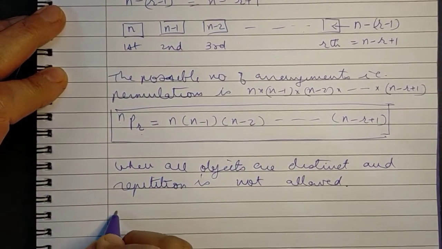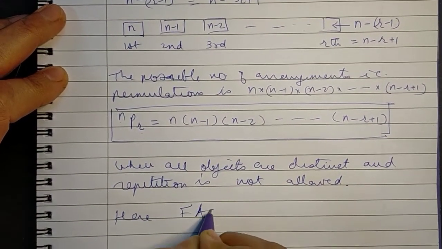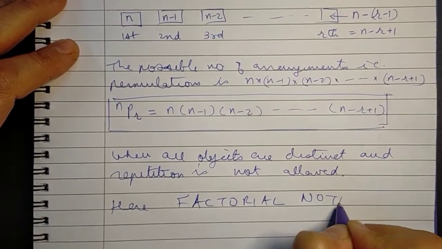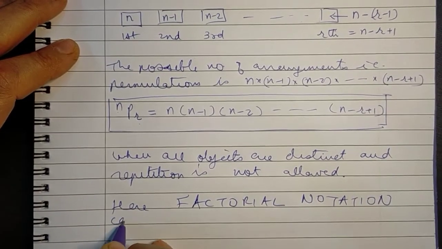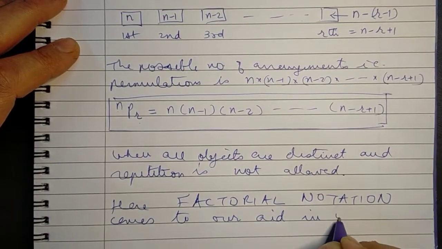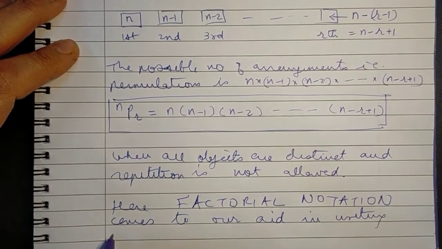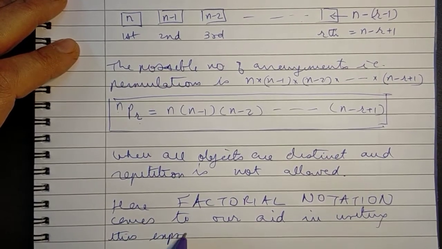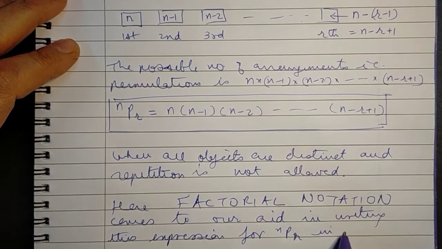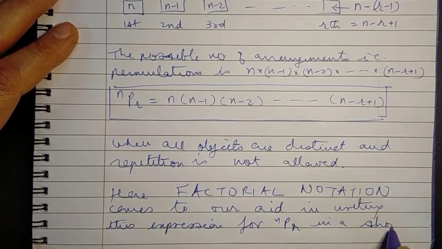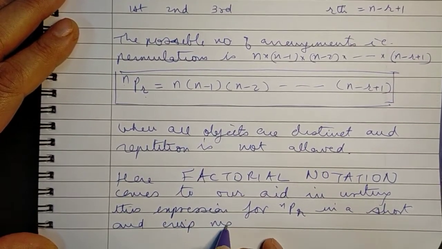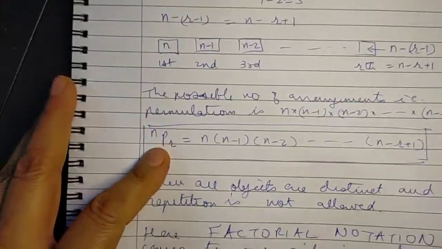The factorial notation, which we did in the beginning of this chapter, comes to our aid in writing this expression for nPr in a short and crisp manner. Now let's see how.